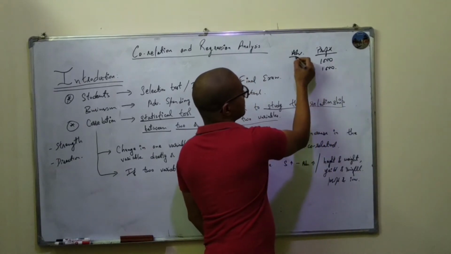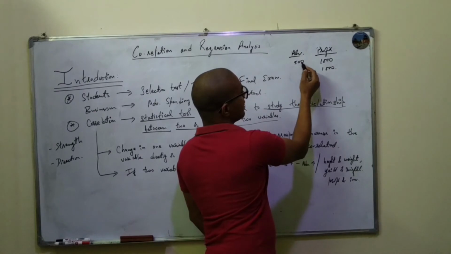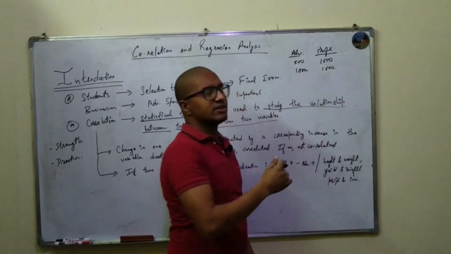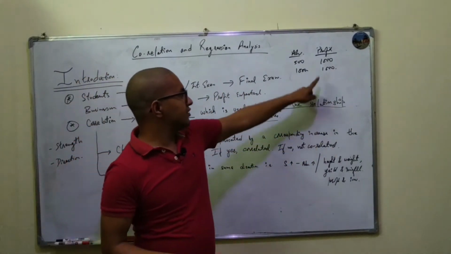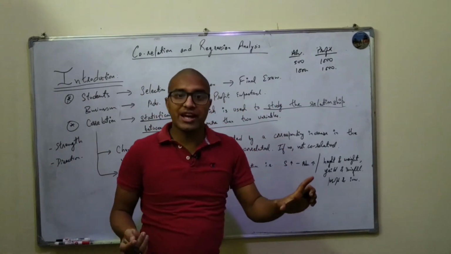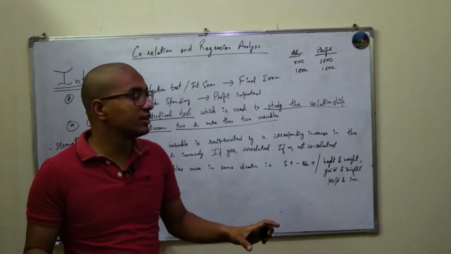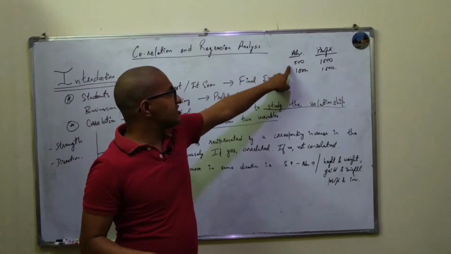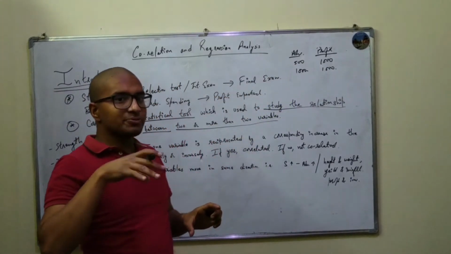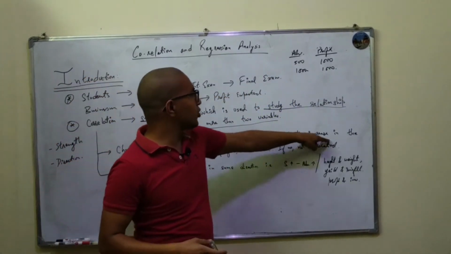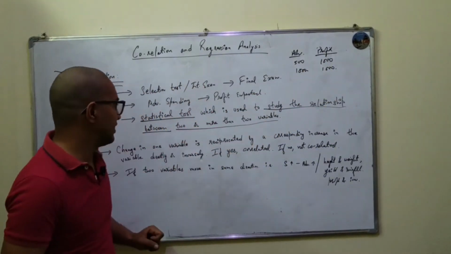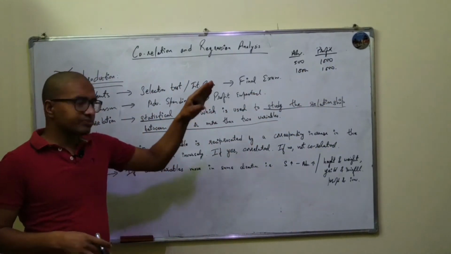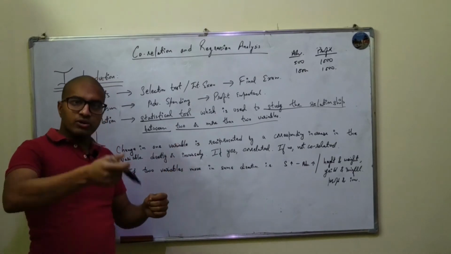Your advertising spending is 500, and you have increased it by 50%, and the profit has not changed. So that means it is not correlated. Okay. So any change in advertising spending won't bring a corresponding change in the other variable. Okay. So that change could be in a positive way or in a negative way.